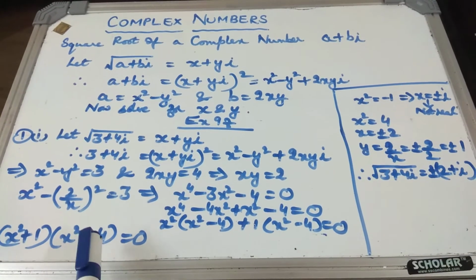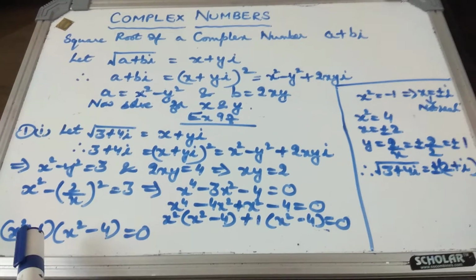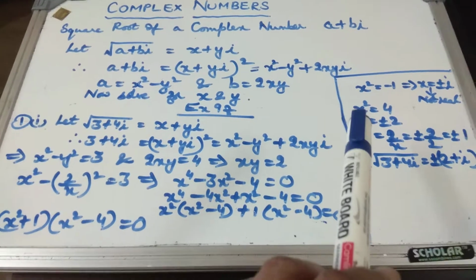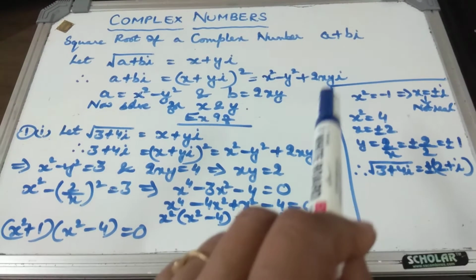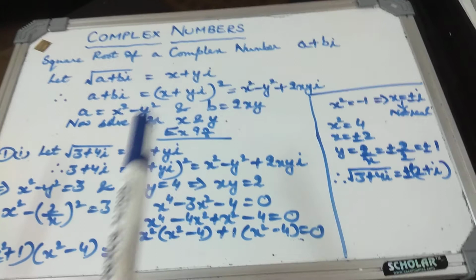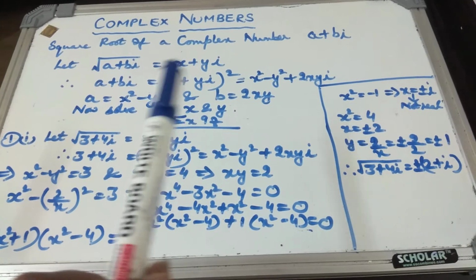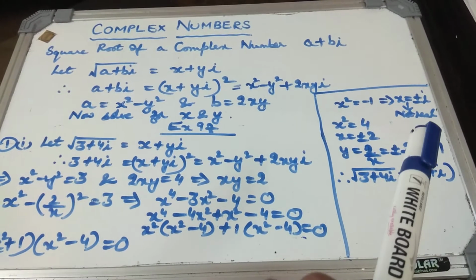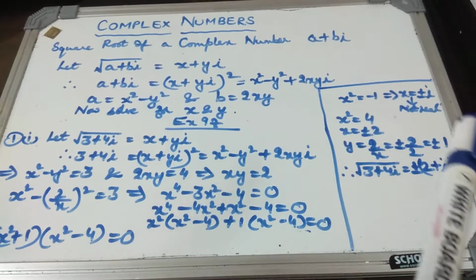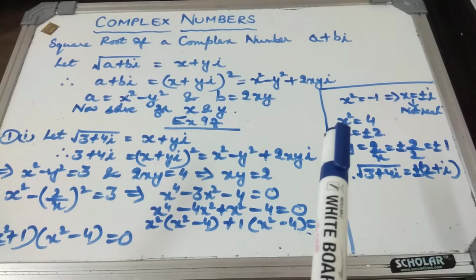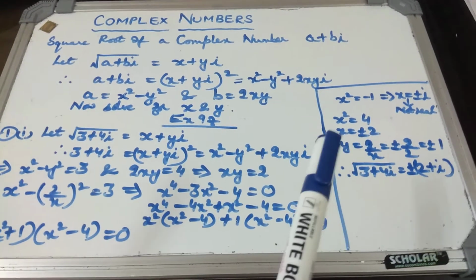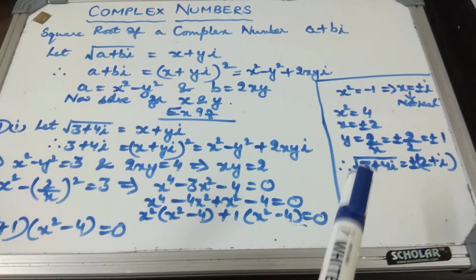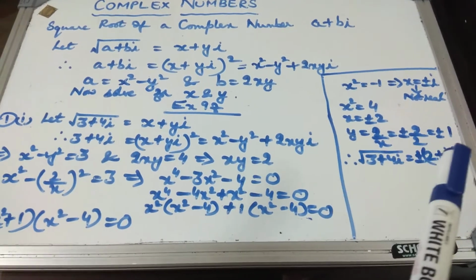Now, the product of two factors is equal to 0, so x square is equal to minus 1 from one factor, which will give a complex root. But we have assumed x and y to be real. So x square equal to minus 1 is not real, therefore this is not a possible answer. We go on to the second factor, x square is equal to 4, which implies x is equal to plus minus 2, and y will be 2 by x, that is plus minus 1.